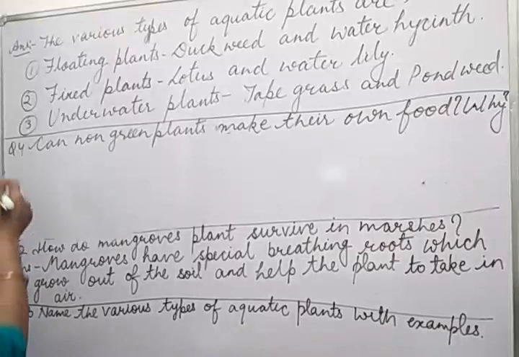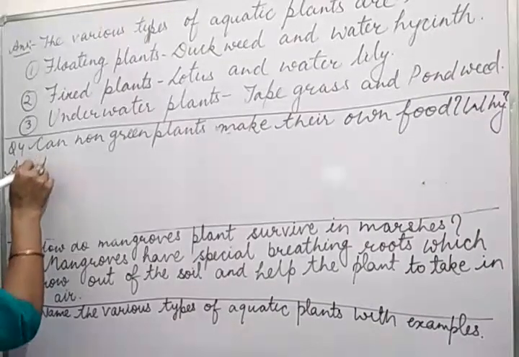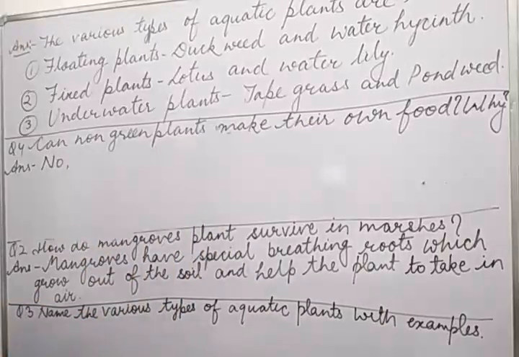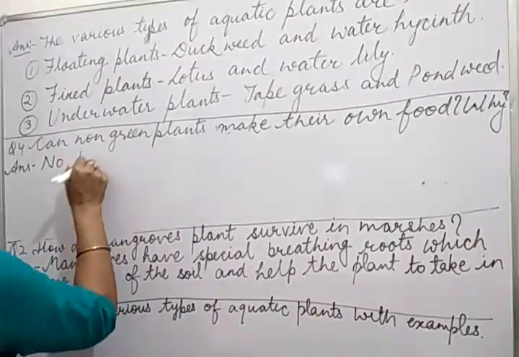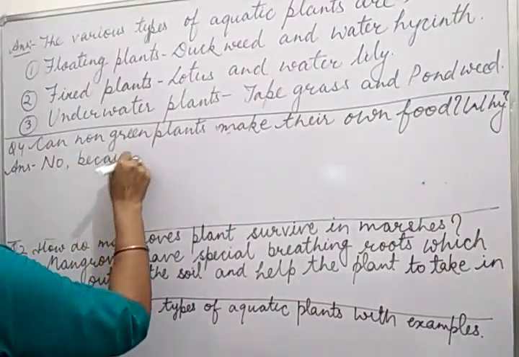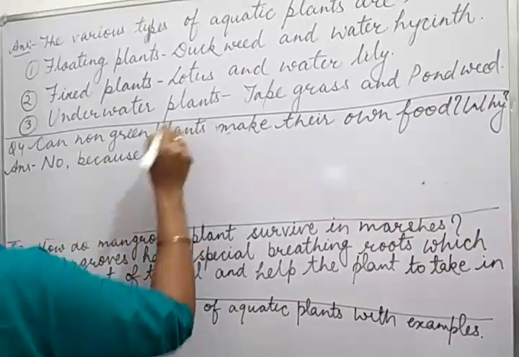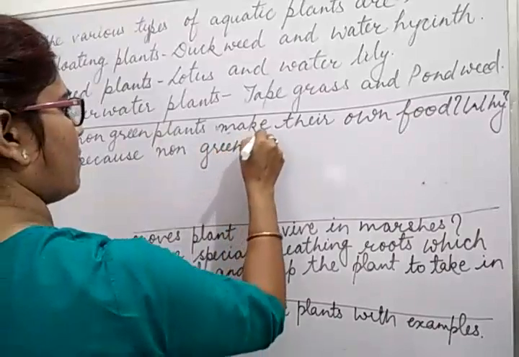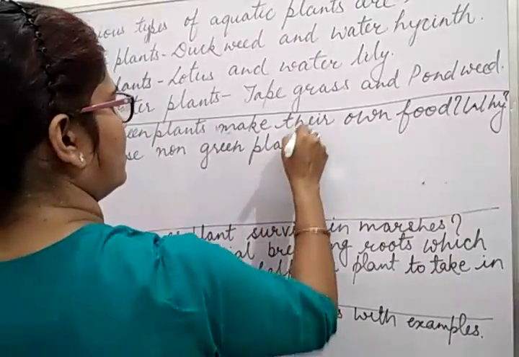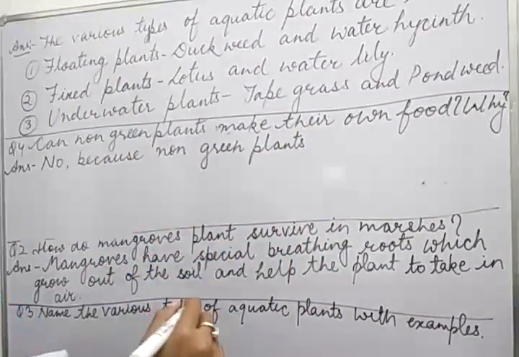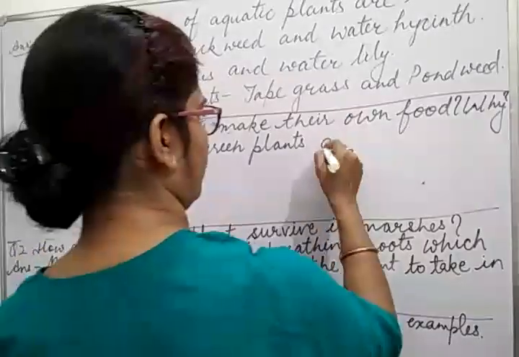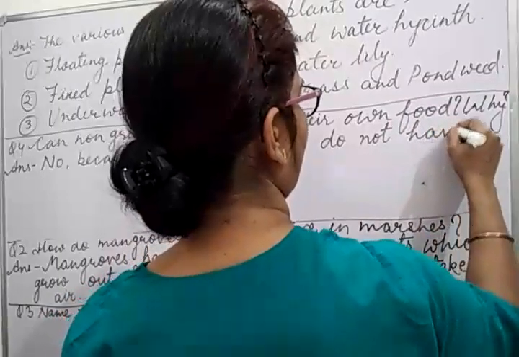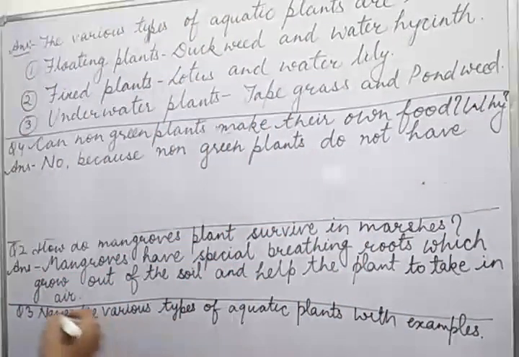Can non-green plants make their food? So in answer you will write no. And why they are also asking? So you will write the answer of why, because non-green plants do not have chlorophyll.